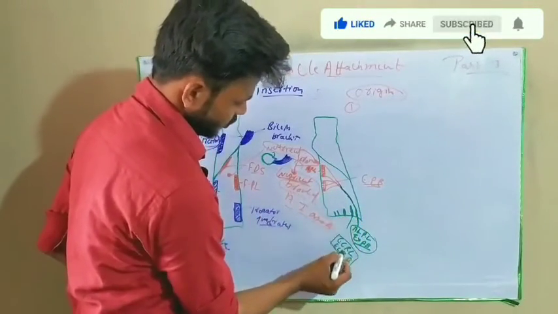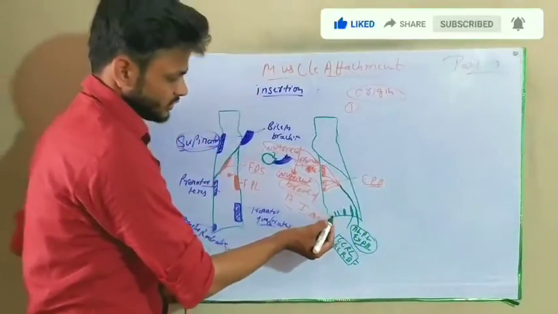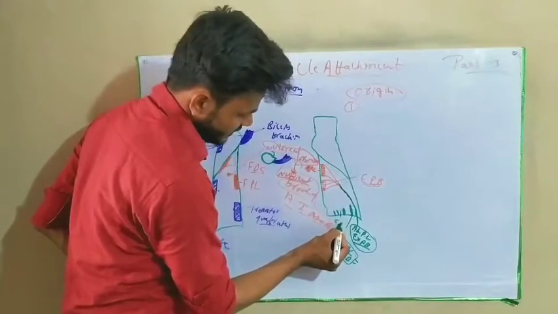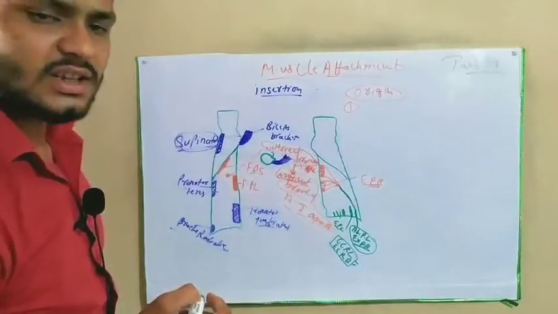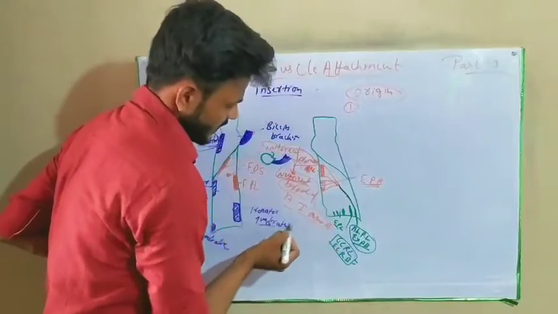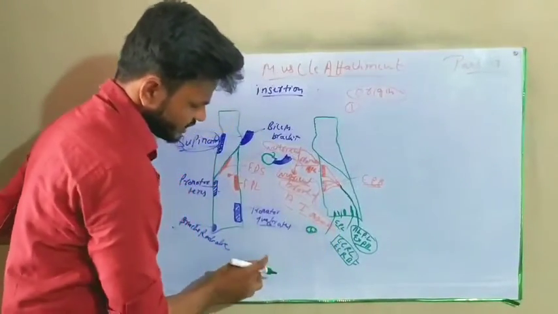Both muscles' tendons will pass through this groove, and now on this groove there is the extensor pollicis longus tendon. The tendon of the extensor pollicis longus passes through this groove, and now this groove passes four structures.